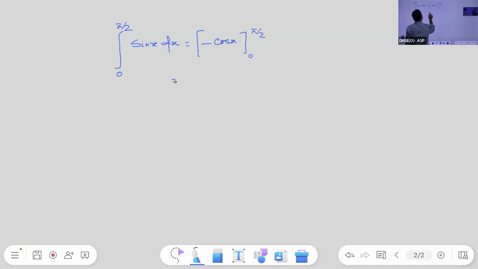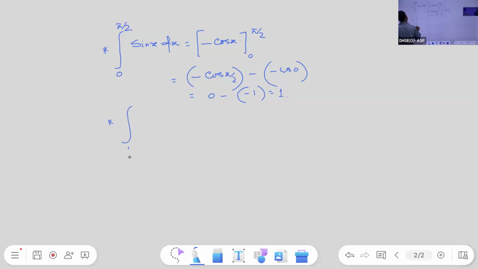So this is equal to minus cos pi by 2 minus minus cos 0, upper limit minus lower limit. The value of cos pi by 2 is 0, cos 0 is 1, so minus cos 0 will be minus 1, minus of minus 1 is equal to 1. Okay.